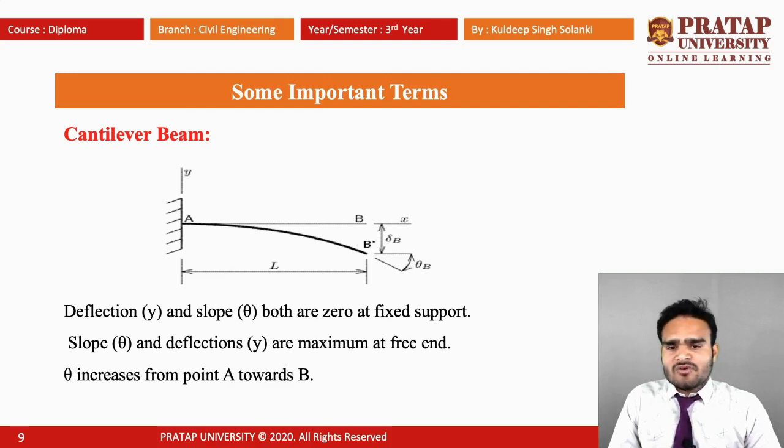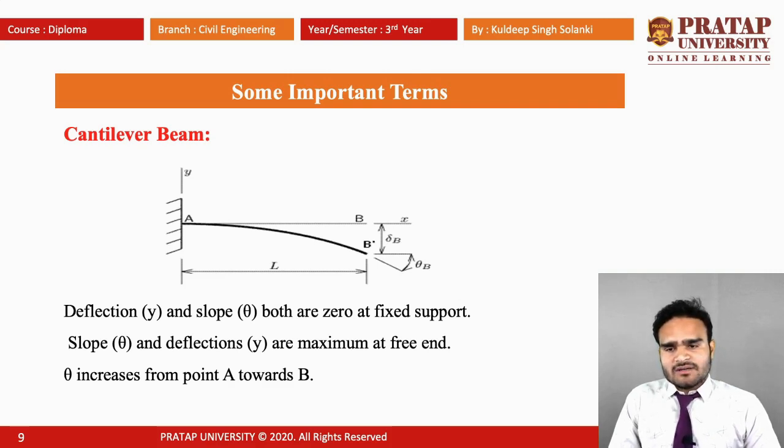Deflection increases from A to B, and the maximum slope is also at B. So deflection y and slope theta are both 0 at the fixed end, and both are maximum at the free end in case of a cantilever beam.